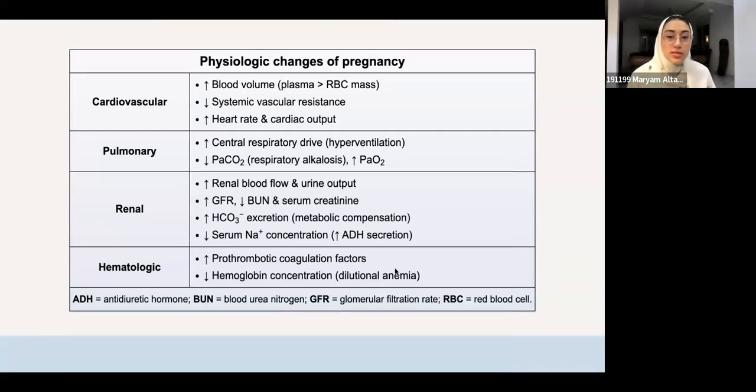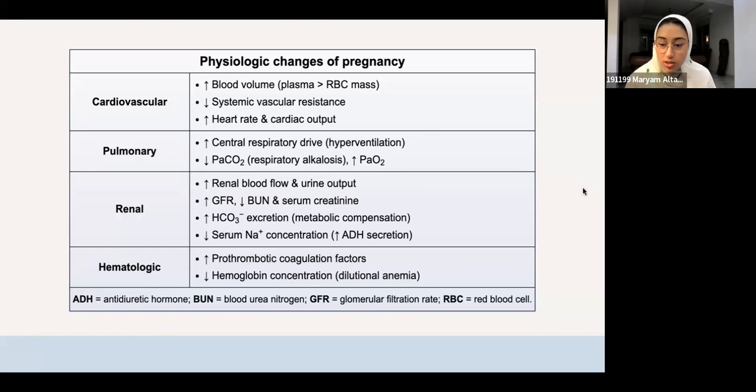What that means is they're more prone to coagulate, they're more prone to develop clots in their blood. That's why it's very important for us to look for signs of deep vein thrombosis or DVT in pregnancy. And this is just a general thing you guys can review, but just remember, in pregnancy, you're increasing everything in order to make sure to supply your fetus well.